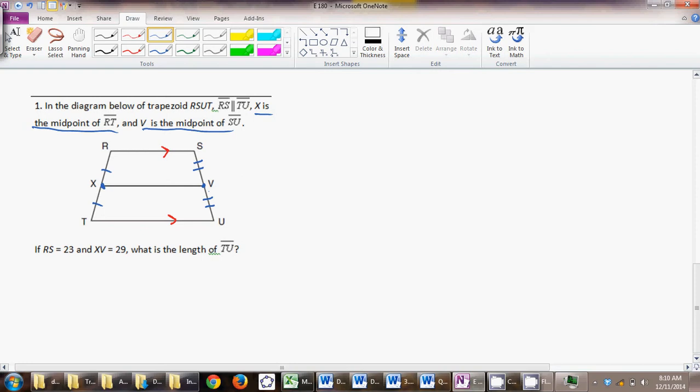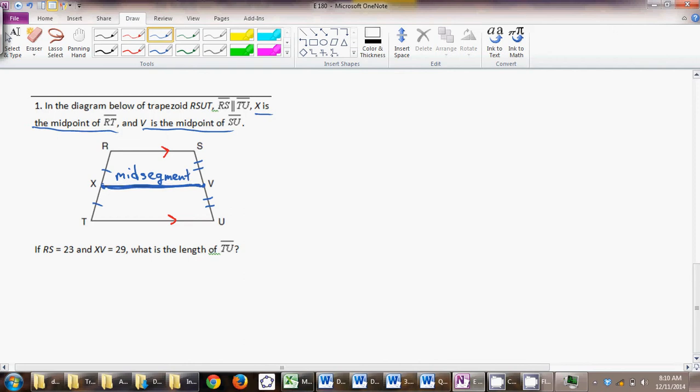I don't know that SU's congruent to RT, so I'm not going to assume that. But what I do now know is that XV, right, segment XV, this blue thing, has to be a mid-segment, right?